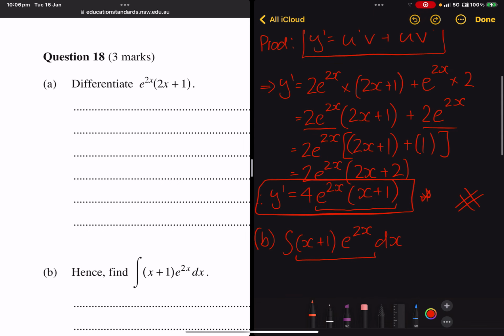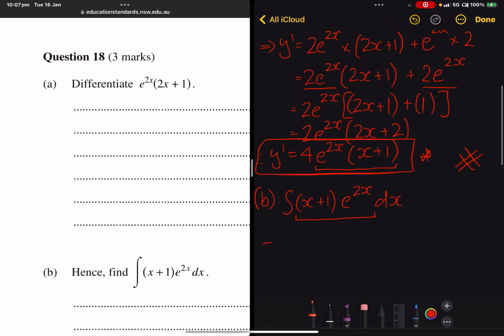Part B is very simple if you did part A properly. So we're going to say 1/4 times the integral of 4 e to the 2x times x plus 1 dx.